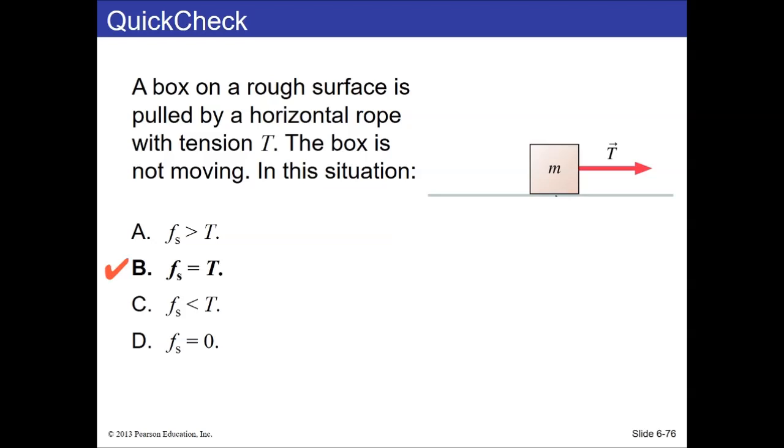That can vary. For example, if the tension is 5 newtons to the right and the box is not moving, then static friction is 5 newtons. What if I up the tension to 10 newtons? If the box still doesn't move, then the static friction has to be 10 newtons. So static friction's value is always whatever it needs to be.